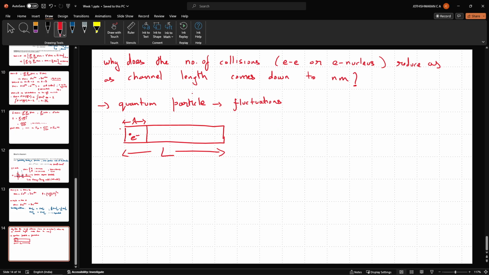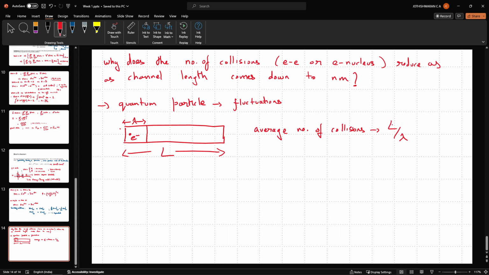So if my sample is of length L, then the average number of collisions can be written as lambda upon L. Oh, sorry, it should be the other way around. Apologies. It should be L upon lambda.